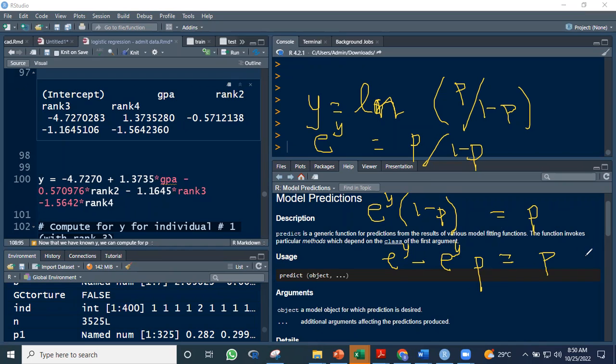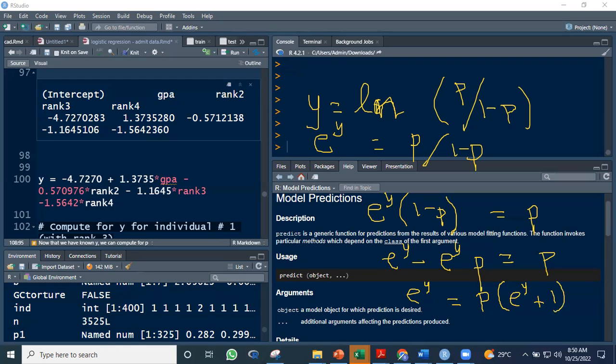I-transpose natin sa kabila kasi pareho may p sila. So this becomes e to the y is equal to, so this is negative, becomes positive here. So this becomes p plus e to the y times p, and then factor out p. Factor out natin si p. Tapos e to the y plus 1.